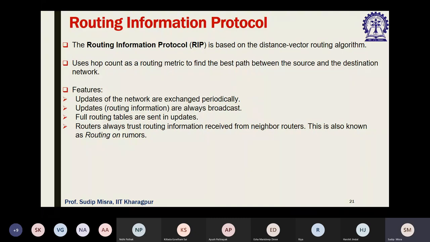The second one is called the invalid timer or expiration timer, and the third one is called the garbage collection or flash timer.